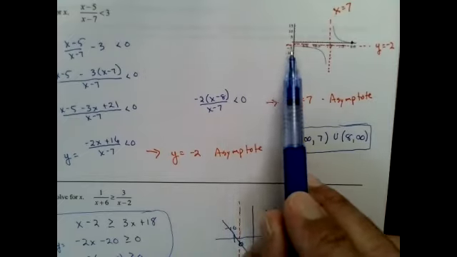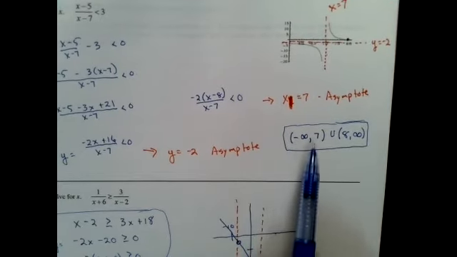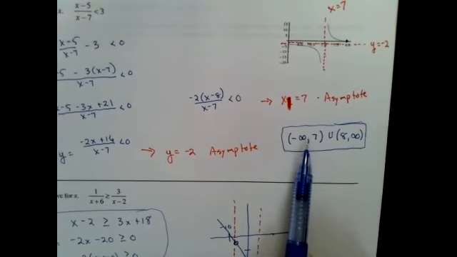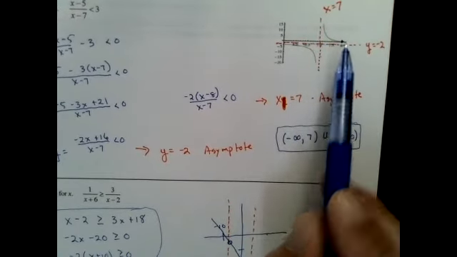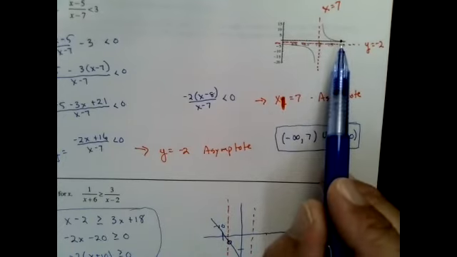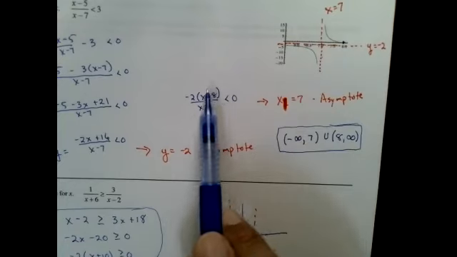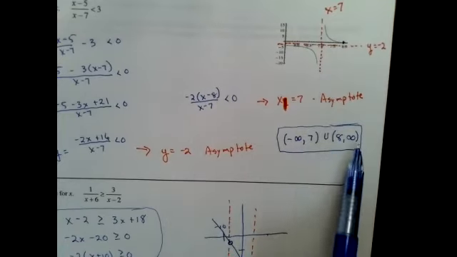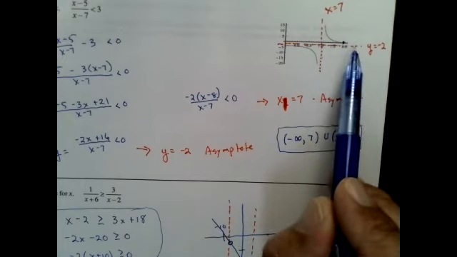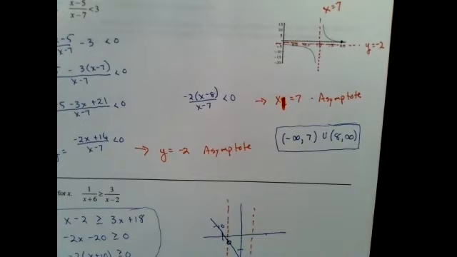It's negative all the way up to that asymptote, from -infinity to 7. And then it looks like it's positive, but it's going to cross at that point, 8. So from 8 to infinity, not including 8, it's also going to be negative because my graph is going to come down and get really close to that asymptote, but it's never going to touch it.